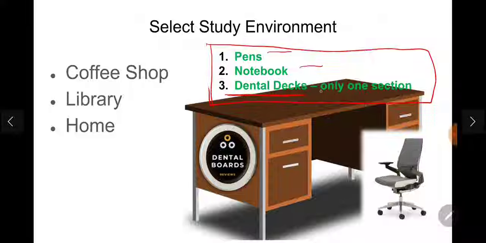Now, don't bring the entire box of flashcards, right? Just take the section, only one section on the table. The section that you're doing is the section you need to have, all right? So that you're not overwhelmed. When you're looking at the entire box full of flashcards, you're thinking, oh, when am I going to finish this, right? So you become overwhelmed. But when you have a small section, you're like, okay, I'm close to finishing.